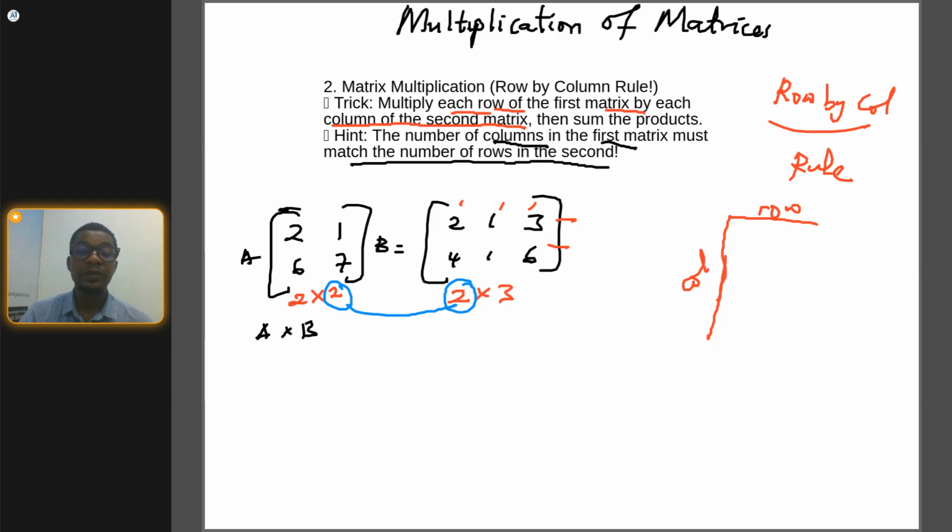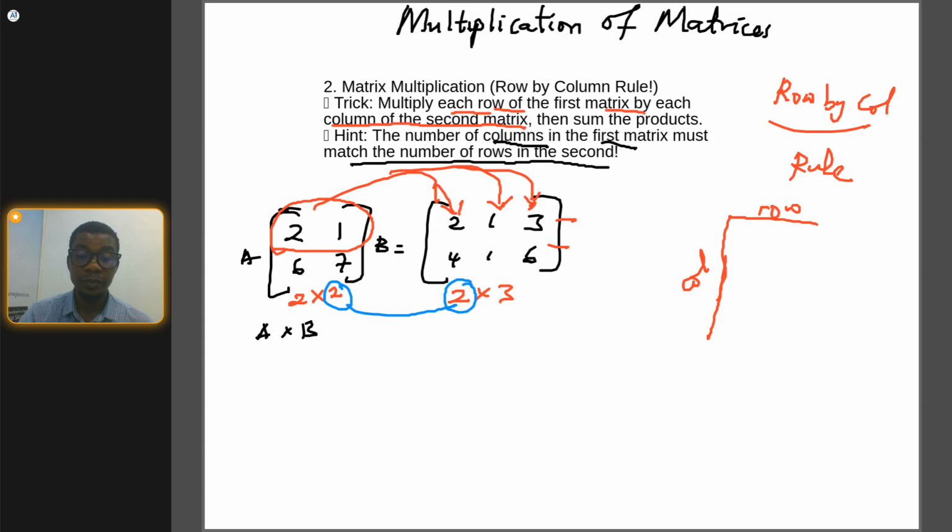Let's do that together. Multiplication of matrix. What we are going to be doing is to use the first row to multiply the first column, and also multiply the second column and the third column.